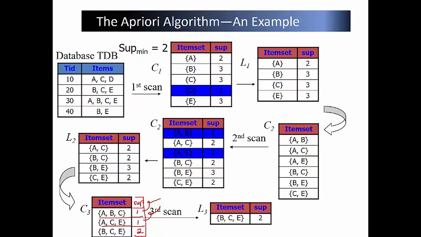Okay? This is the maximum. Why is this the maximum? There is no other superset that contains this and also meets the minimum support threshold. Right?